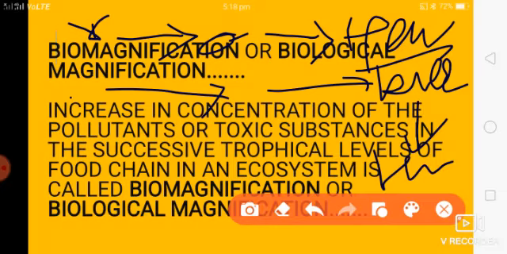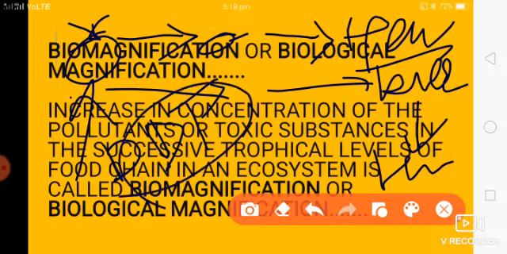So as we know, for better agricultural production, farmers or agriculturists use fertilizer such as DDT, which is also a toxic substance. So what happens?